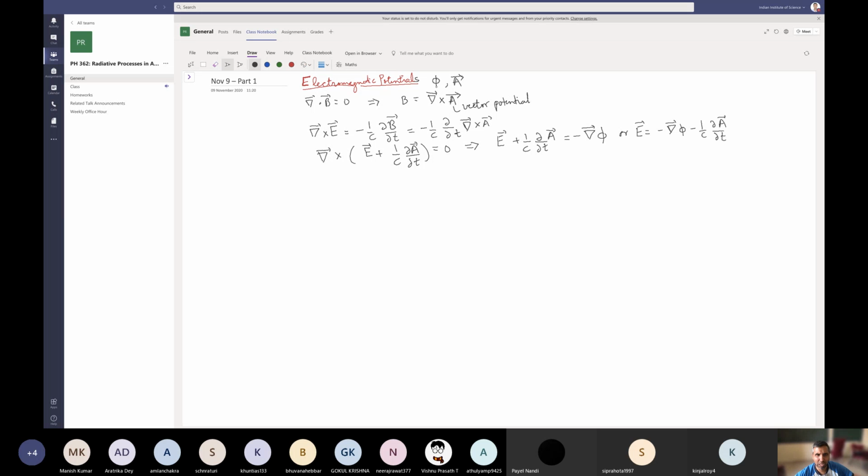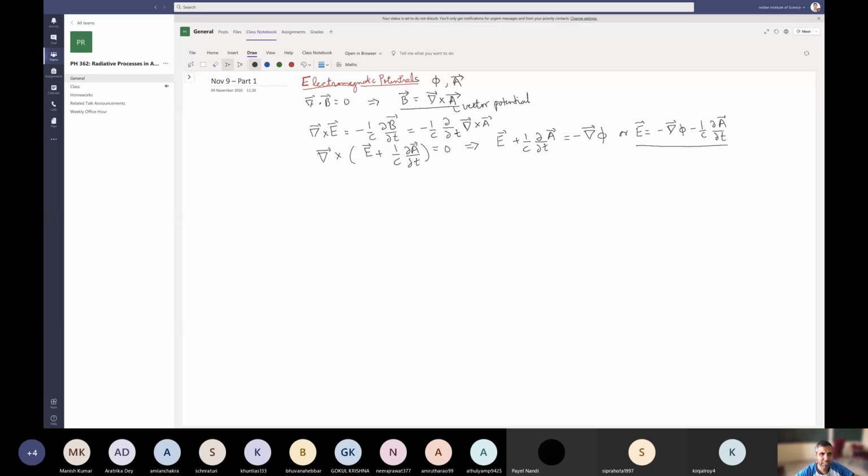So this is how magnetic fields are obtained from the vector potential, and this is how electric fields are obtained using the vector potential and the scalar potential. Normally we have done a lot of electrostatics, where this time dependent part is 0. But for radiation, the time dependence is very crucial. Okay, good. So basically, once we solve for phi and A, we can solve for B and E easily.